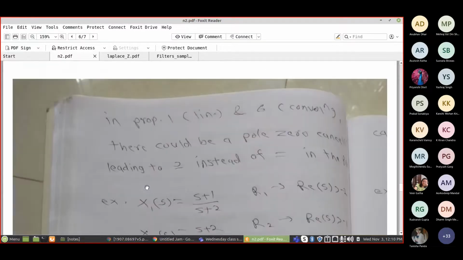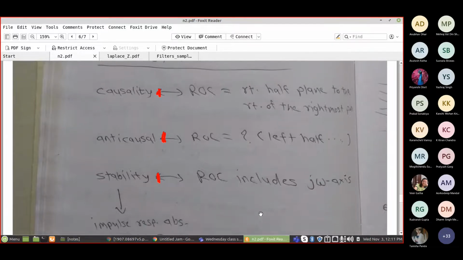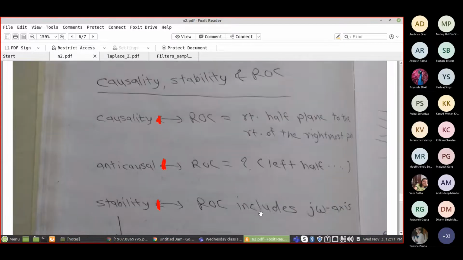Let me recall this again. Causality implies that the ROC must be a right half plane, and the region of convergence must be to the right of the rightmost pole. Same holds for anti-causal or left-sided signals, with left instead of right everywhere. For stability, the ROC must include the j omega axis. So those are the ROC equivalents for these properties.